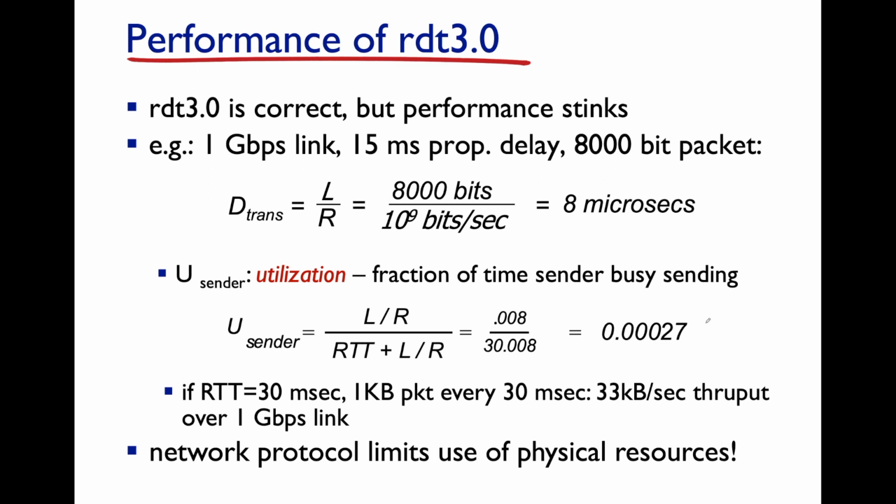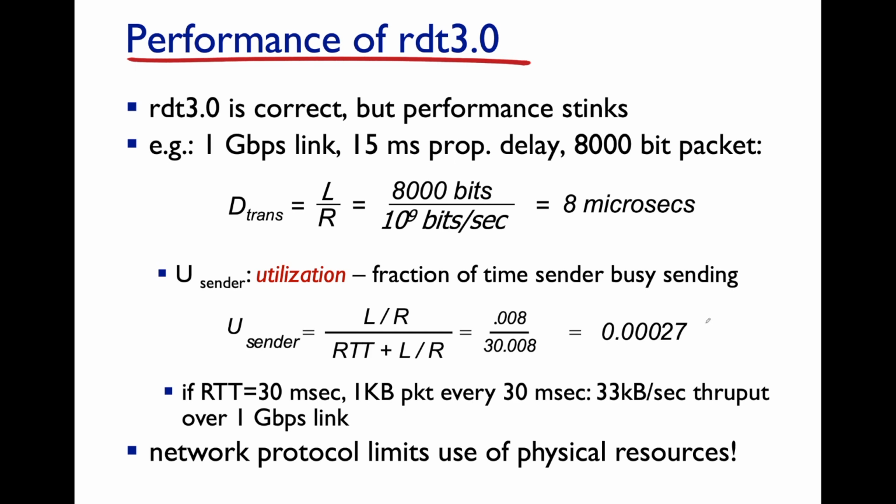If we were to look at utilization, that's the fraction of time over which the sender is actually performing the send of the data. And so if we look at this, the utilization is just the amount of time it spends for the transmission. That's 8 microseconds over the round trip time plus L over R, our transmission.